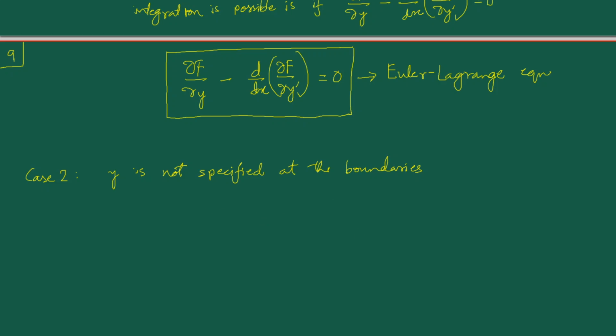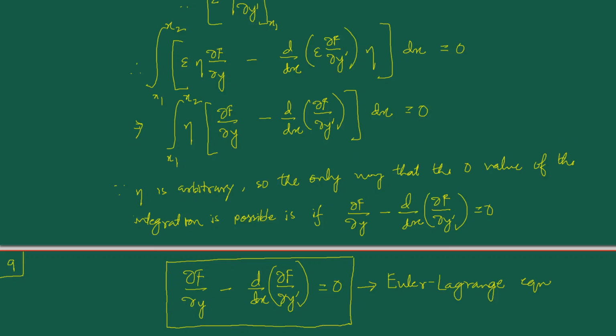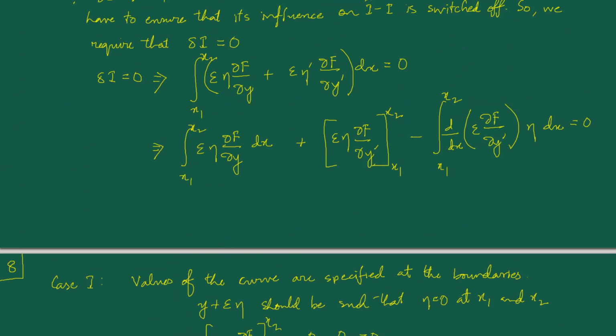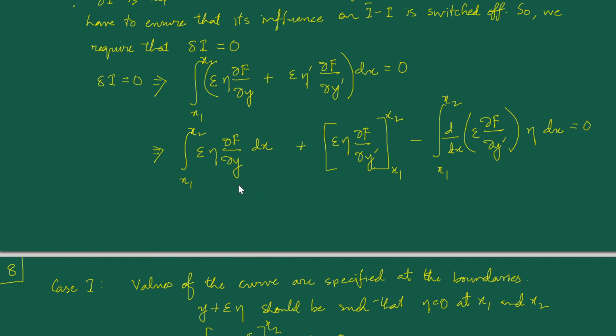If we go back and look at the condition we had obtained, we can club these two together, but we really can't set this equal to 0 based on any conditions on eta, but it still remains true that this integration plus this boundary term must still be equal to 0.